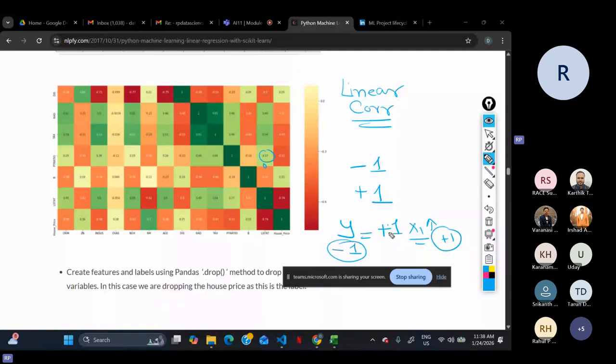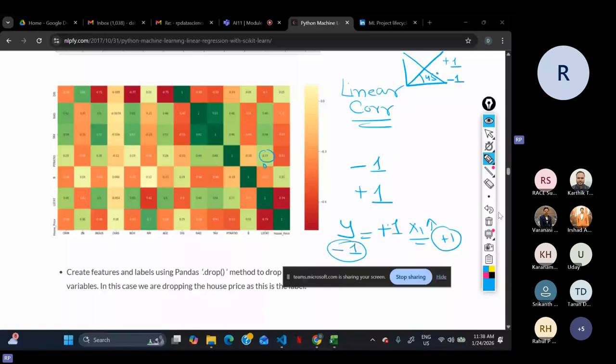So if x1 goes up by 1 unit, y goes up by 1 unit. So that's a perfect linear correlation. And how would it look in the picture? This 45-degree line is a perfect +1 correlation, right? Similarly, if I draw it right, this is a perfect negative linear correlation. I hope this is clear.